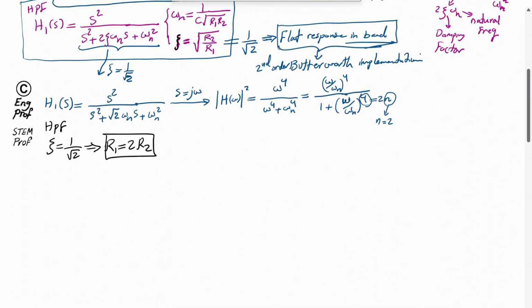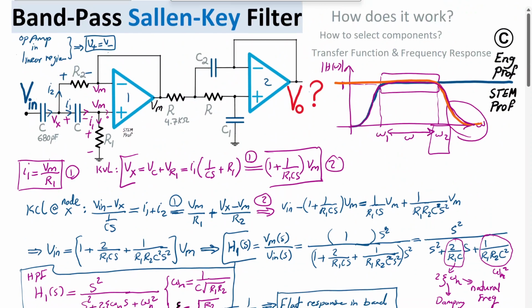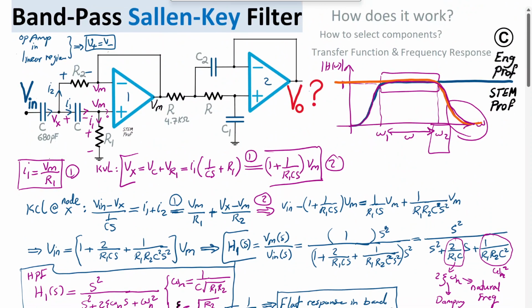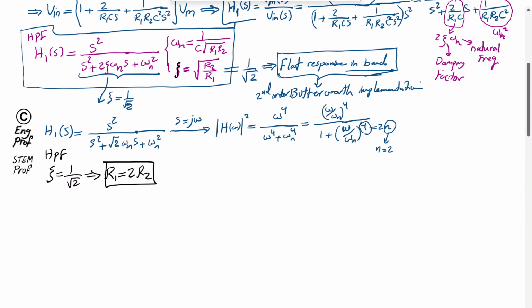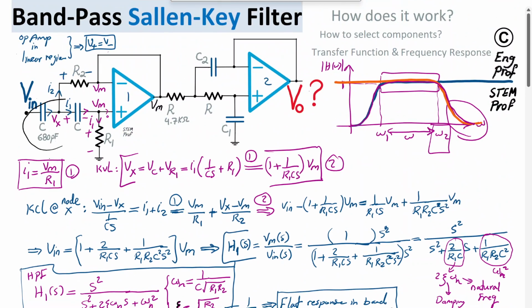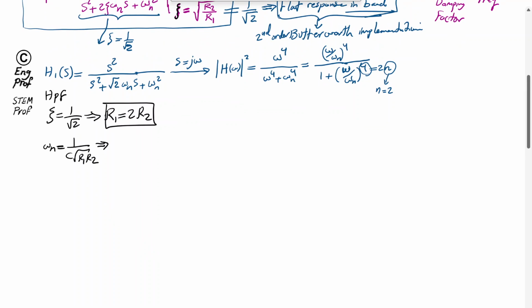And then by setting omega n to some desired value, so let's say if we set omega n to a specific value, given that, for instance, the caps are both selected to be the same value, 680 picofarad, I'm going to substitute, and then we get square root of R1 R2, or basically R1 times R2 equal to 1 over C squared omega n squared, which is computable.